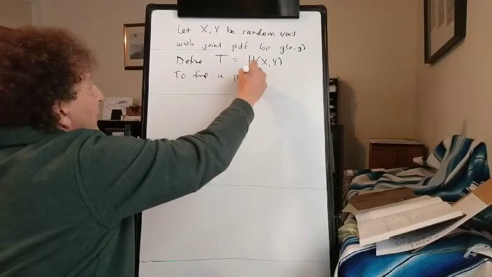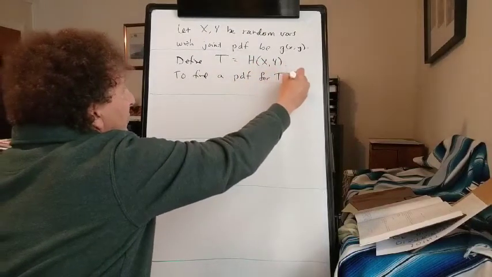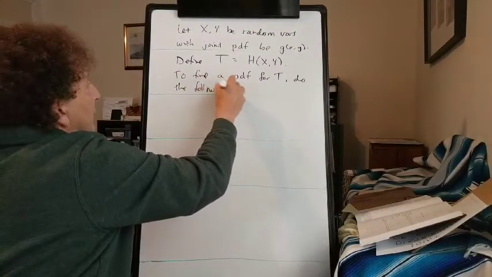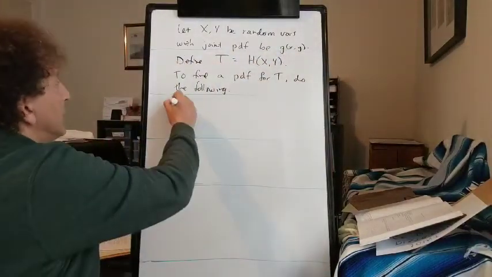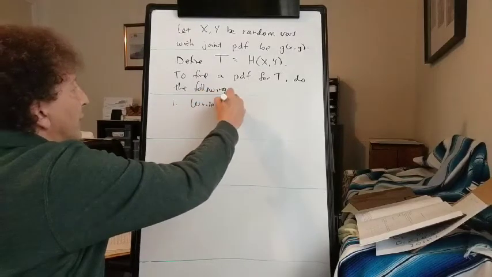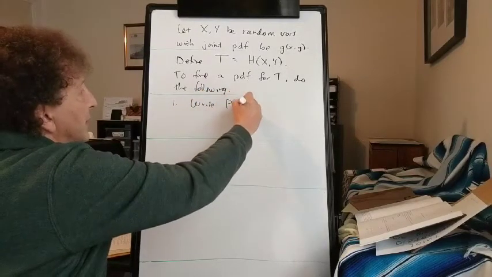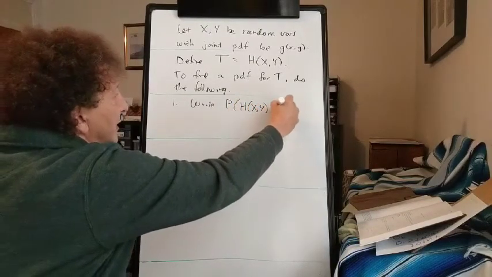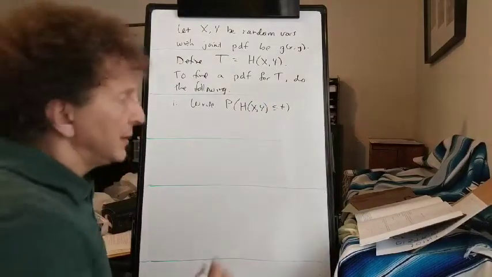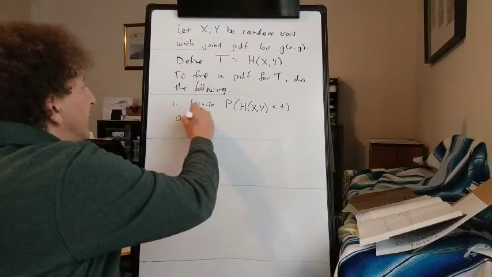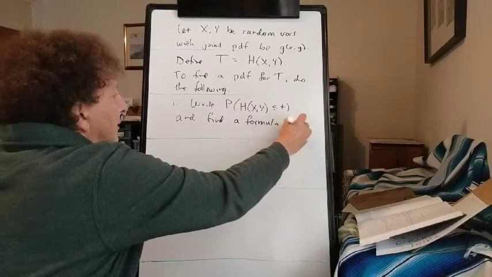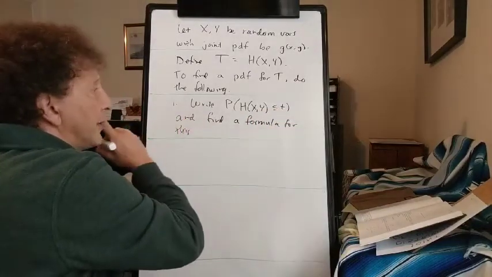Now to find a probability density function for t, we can do the following, a lot like we did for functions of one random variable. First of all, write the probability that h of x and y is less than or equal to t, and find a formula for this.